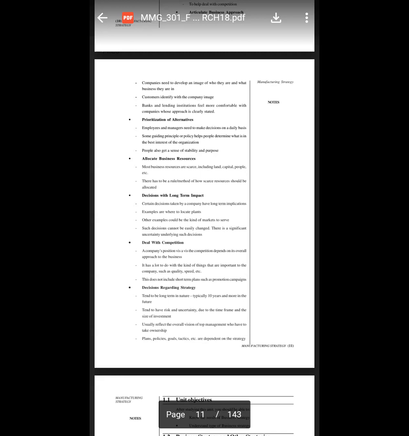Now how can they implement the proper work? The person who is a top level manager, a decision maker, right? That person should be educated. First of all, he should have good management skills, he should be innovative in the work, right? So these all are the strategies that the person should have.